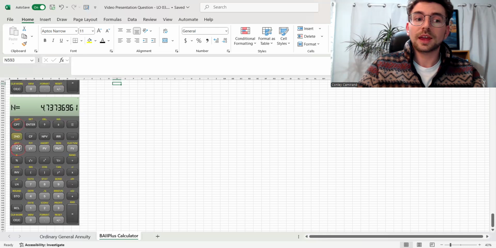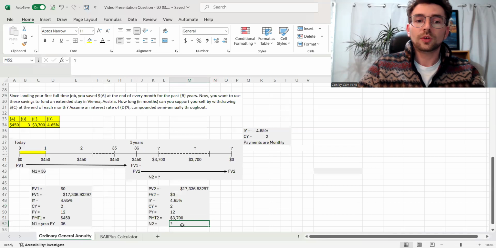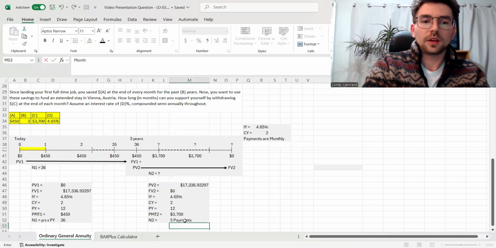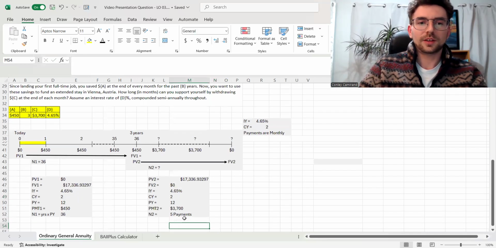So compute N, and we have the amount. Now that full amount, we will round up to a total of 5 payments. So here we have a total of 5 payments that are made monthly.